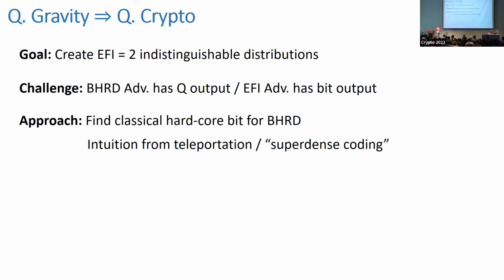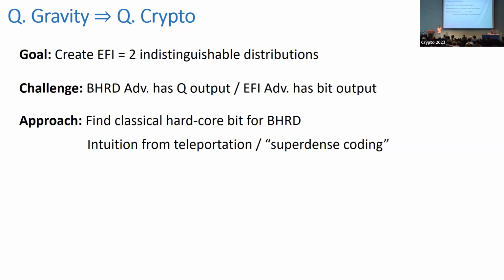But essentially what we do is we set up our EFI distributions in such a way that an adversary that distinguishes these distributions is actually, secretly, without knowing, teleporting the qubit D into some other qubit that's in our control. So we create an EPR pair and embed one half of it in our EFI challenge.